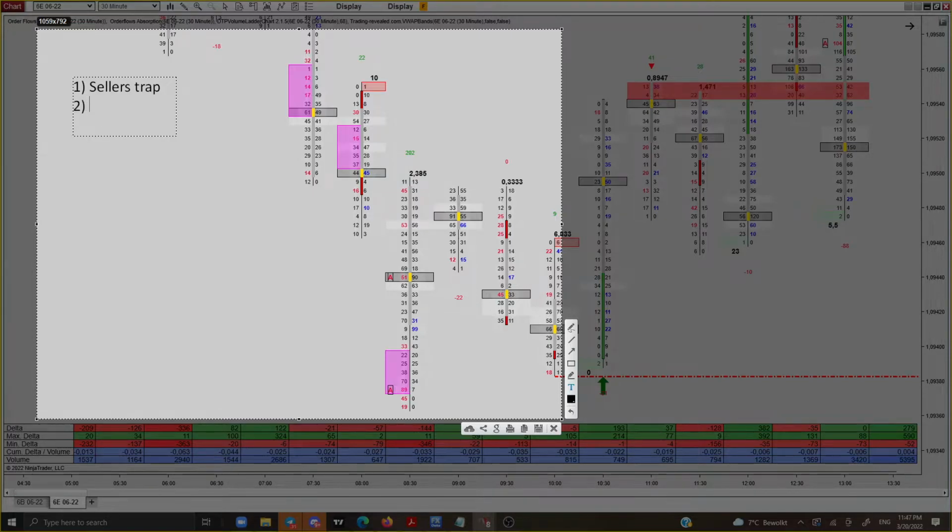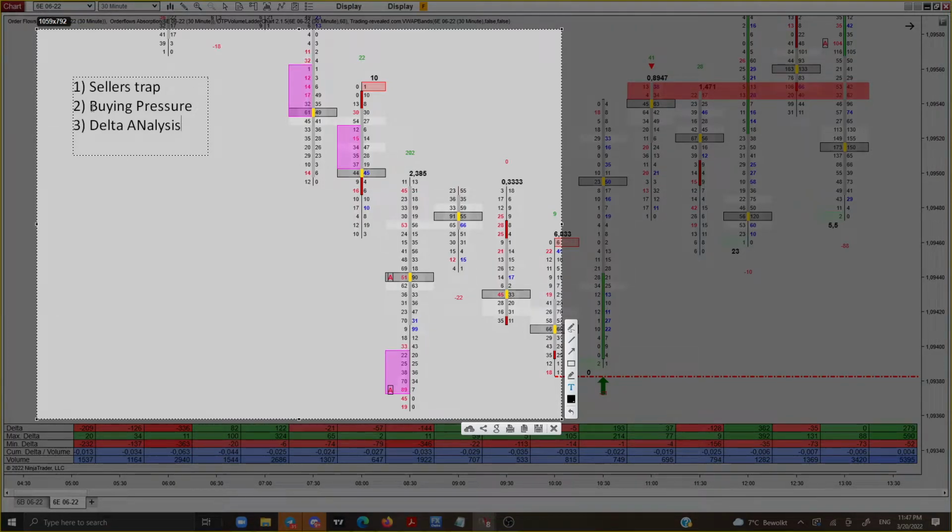Second, we need to see buying pressure. That means buyers should be joining. And third, we need to see delta analysis. So from order flow, we'll look at only these three confluences.